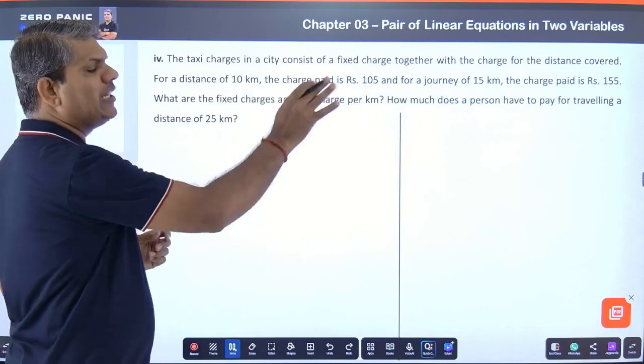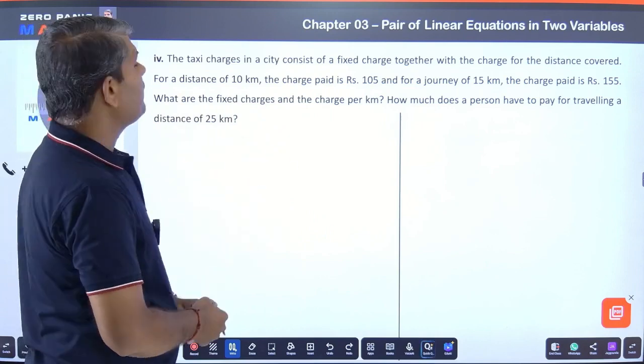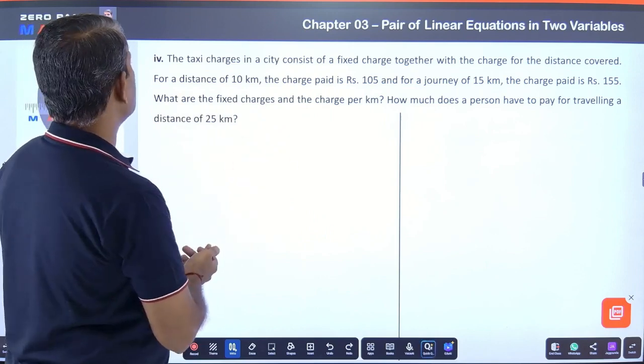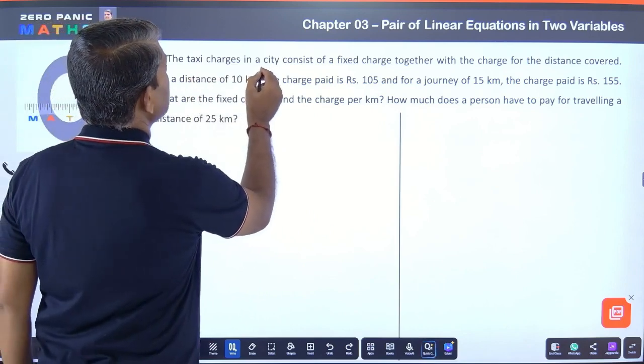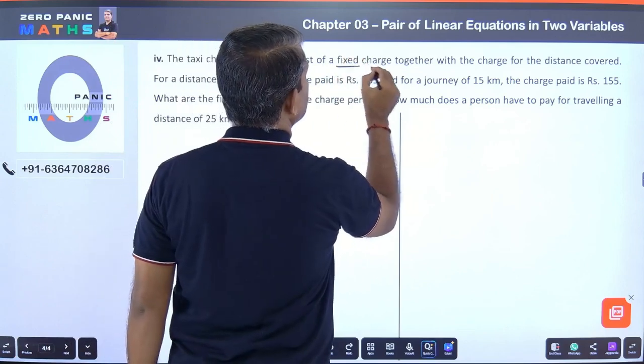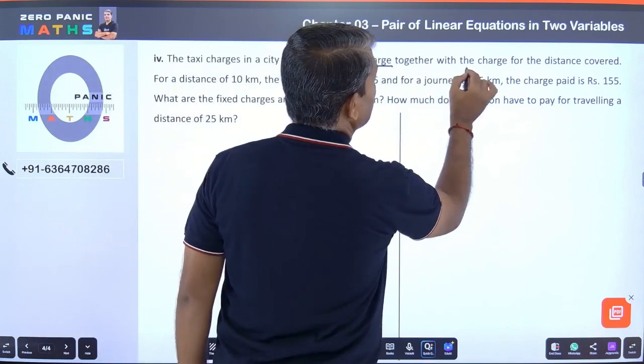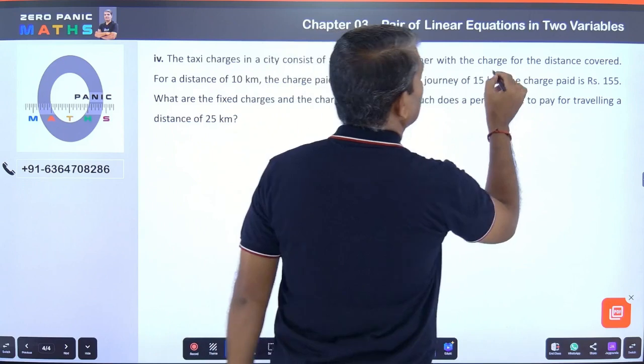Let us read the problem once and then we can see what all we can derive from this. The taxi charges in a city consist of a fixed charge. Let us underline this, fixed charge, together with charge for the distance covered.